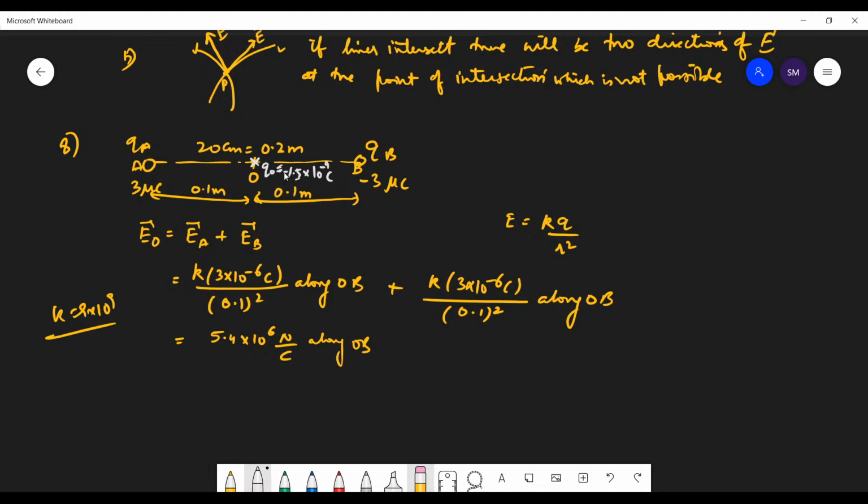That's what this charge is. So what is the force experienced by this charge?